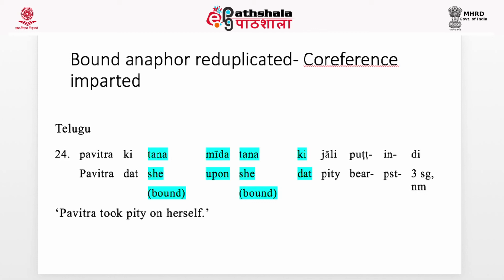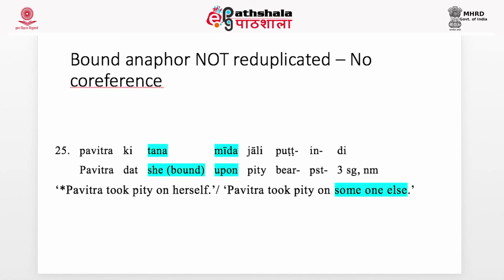Tanamida Tanaki is a reduplicated anaphor and the dative ki occurs with on herself. Here, there is no verbal reflexive, because as we mentioned just now, the dative subject does not permit a verbal reflexive. So, for the coreference to take place, the bound anaphor has to be reduplicated. If the bound anaphor is not reduplicated, as in sentence number 25, Pavitraki tana meeda jali puttindi, the tana meeda cannot be coreferential with Pavitra and it gets some other interpretation.